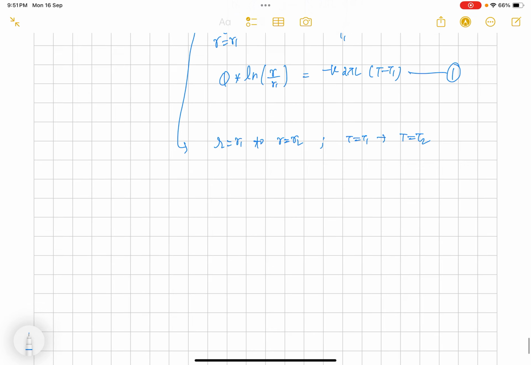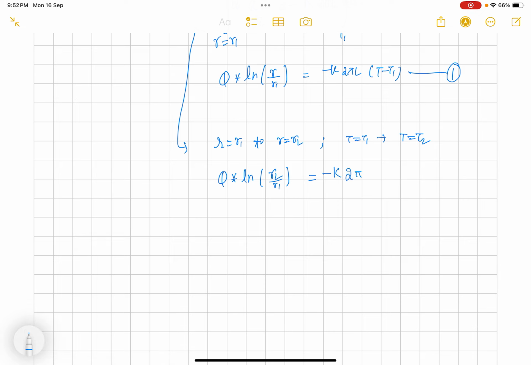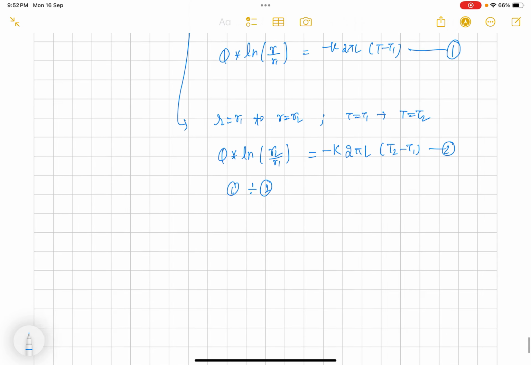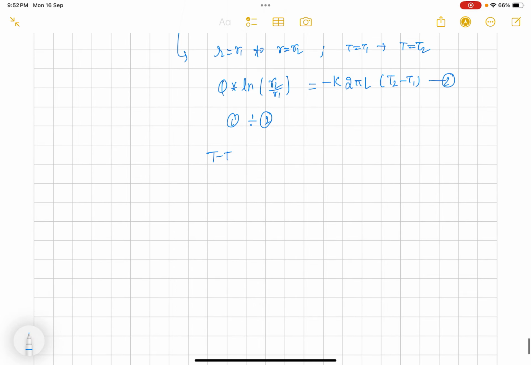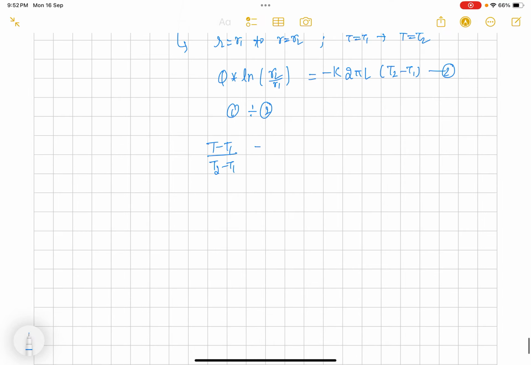If we integrate with these limits, we will get Q ln r2 by r1 equals minus K 2 pi L times T2 minus T1. Dividing equation 1 by equation 2, we will get T minus T1 divided by T2 minus T1 equals ln r by r1 divided by ln r2 by r1.